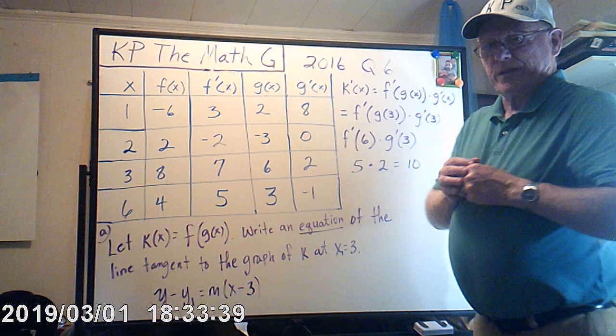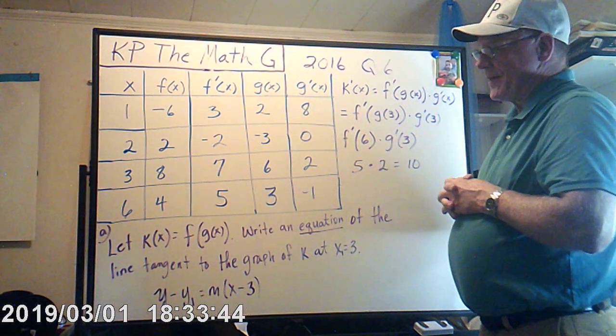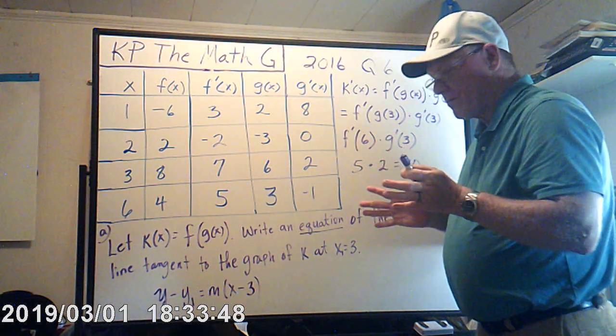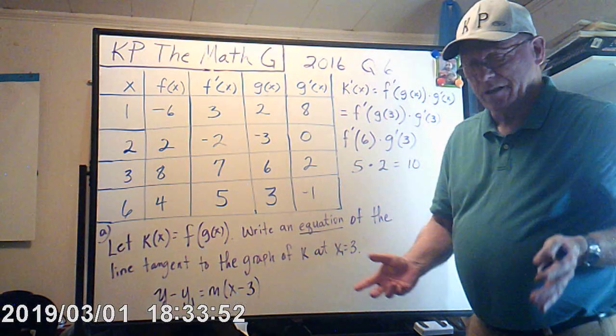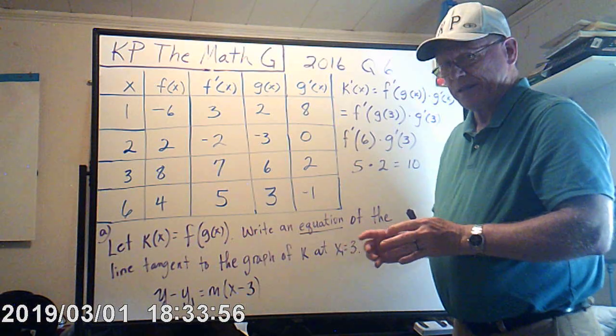And really that's what you're doing. Again, to me, this is probably one of the easier problems. So if you're a student, you should be able to breeze through this.